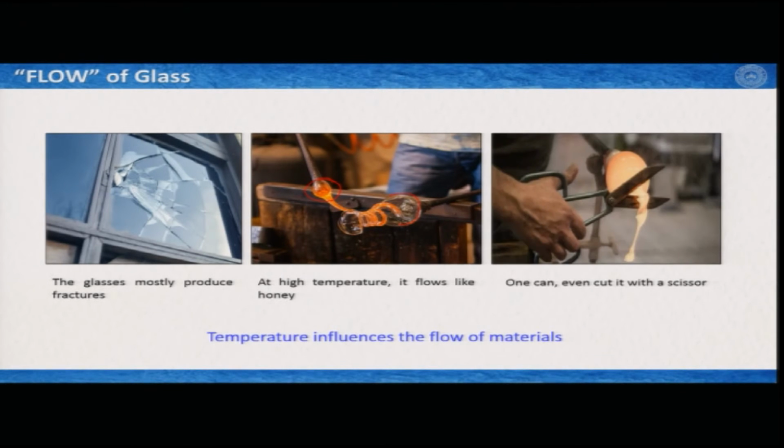And interestingly, you can also cut it with a scissor. So here it is extremely fragile, it produces fracture, here it flows like honey, and here you can also cut it. So temperature, at least from this example, we can figure out that it certainly has an influence on the flow of materials.